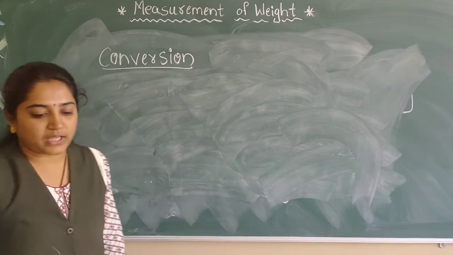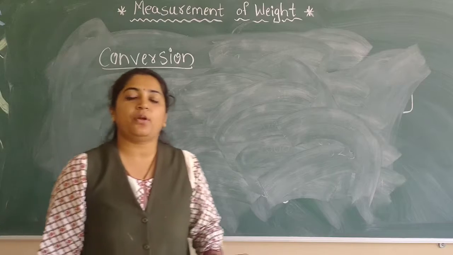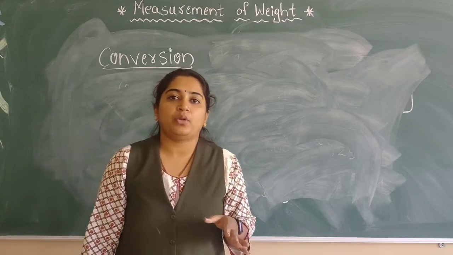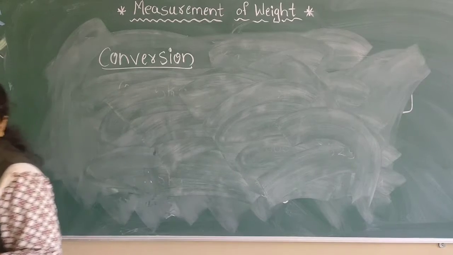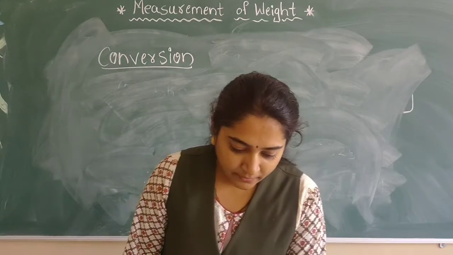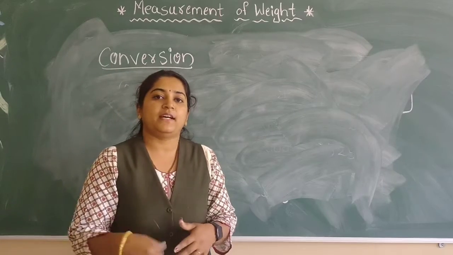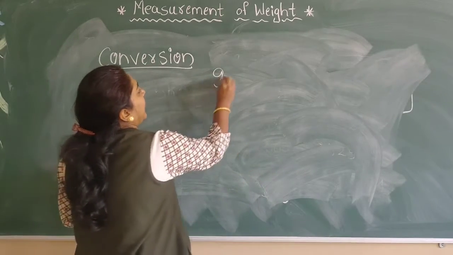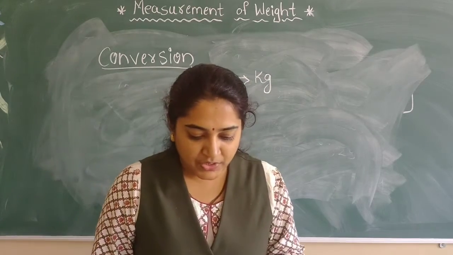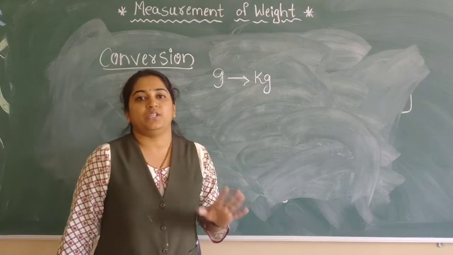Now last one. Now we have converted from kilogram to gram. While converting kilogram to gram, you just have to add 3 zeros to the last. Now while reverse converting from gram to kilogram, what you have to do is just divide by 1000.